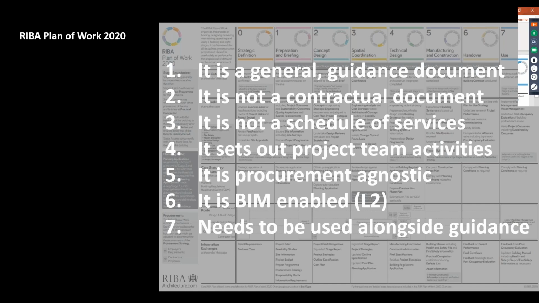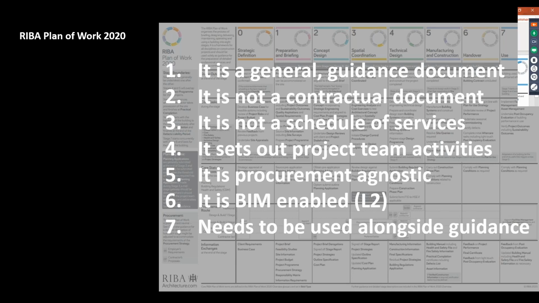However, what it does do is it sets out the activities for the project team at each stage, which allows someone that is putting together a project team to consider who they need at each project stage. And as I've already mentioned, it's procurement agnostic, and it is enabled to the UK Level 2 BIM framework.